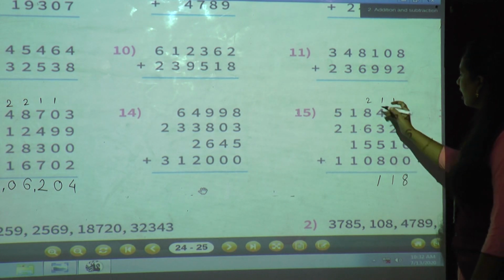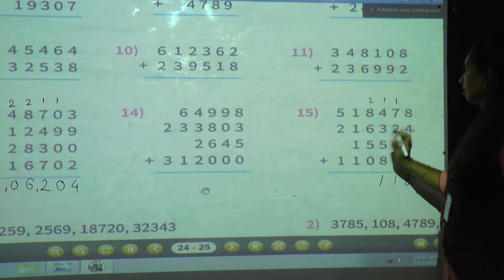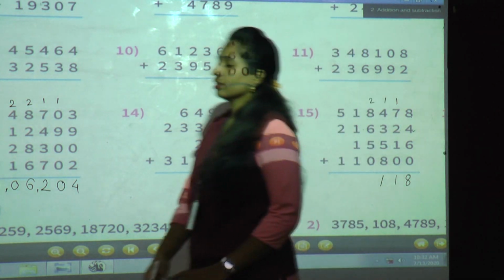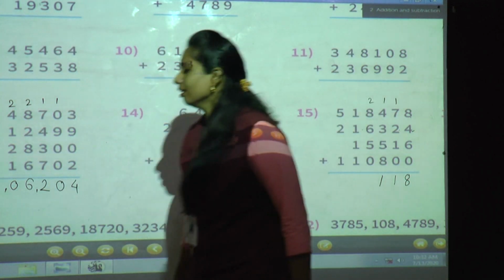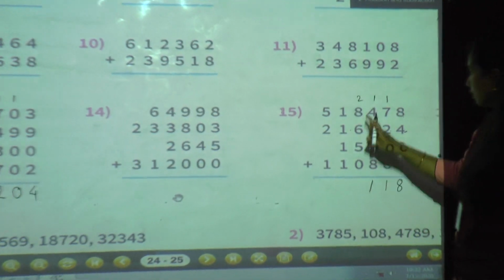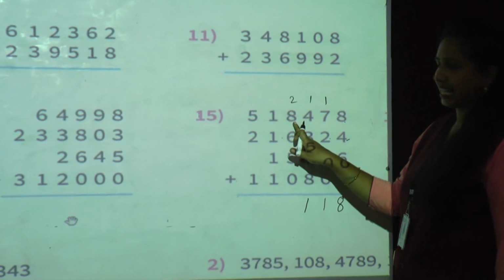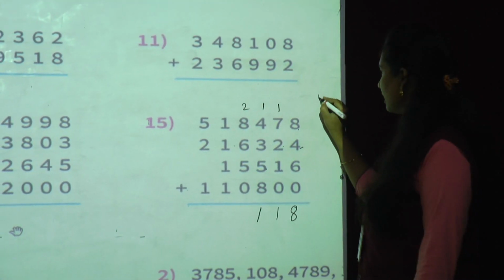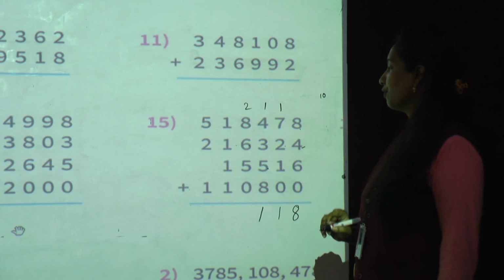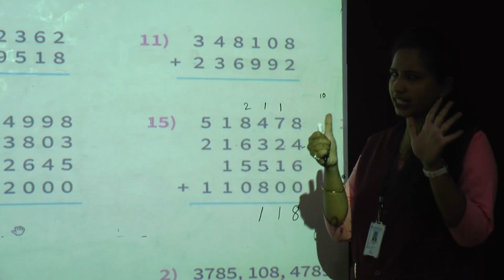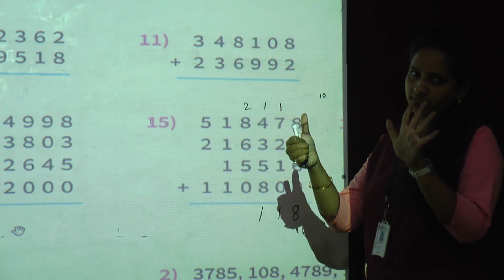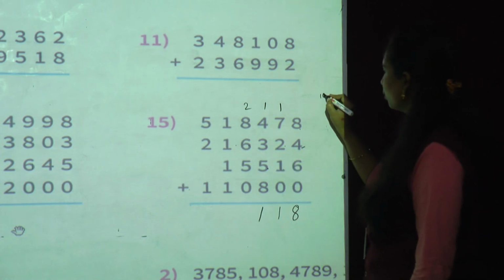Now we will add this tens place. See, what are the numbers in thousands place? 2 plus 8, 10. Write somewhere. Now we have to add 6 in tens, very easy. 10 after 6, 16. You should know in this way.